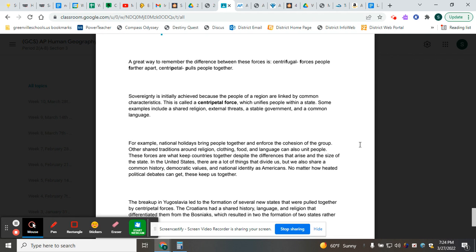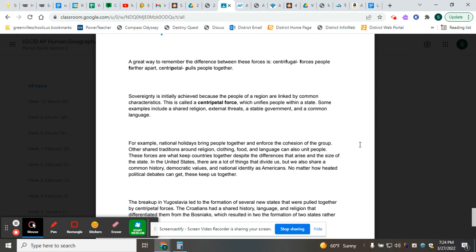Centripetal forces bring people together, and countries that have strong centripetal forces at play don't have a lot to worry about when it comes to their nation, their country, their state falling apart. If you have a country that is well connected via these centripetal forces, you're going to be okay.